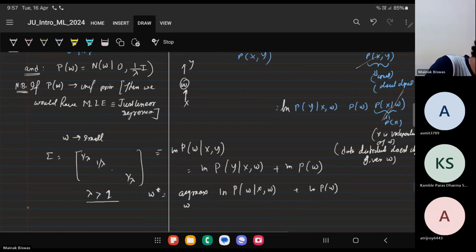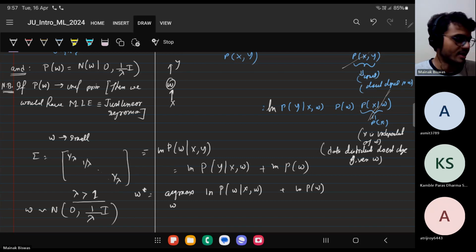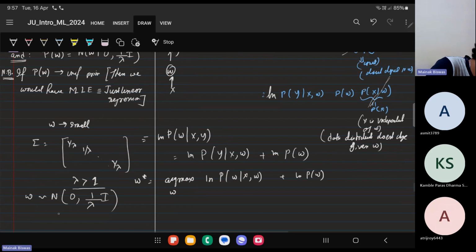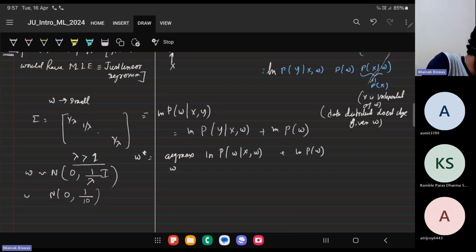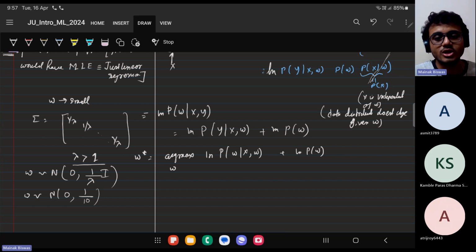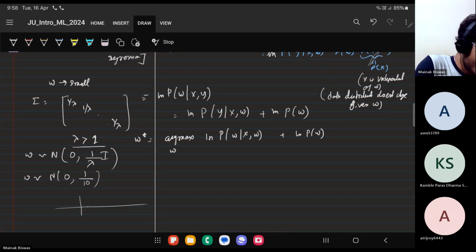W is distributed as normal 0, 1 by lambda I, right? So for a small example, let us take normal 0, 1 by 10. If W was sampled from normal 0, 1 by 10, what would it have ensured? 1 by root 10 is 1 standard deviation, yes or no?